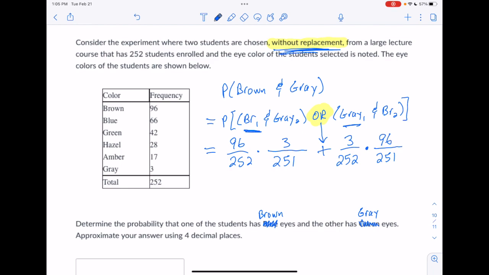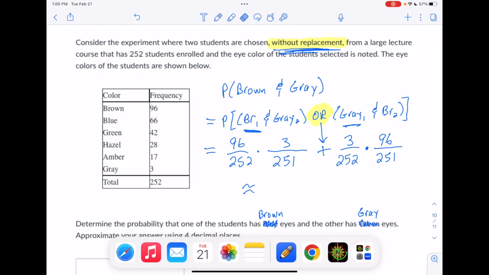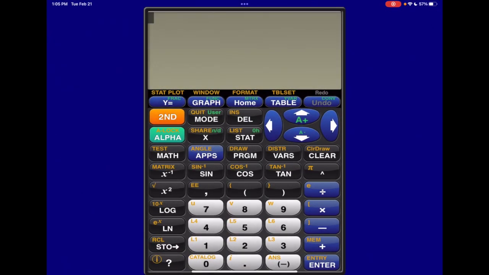So there it is, and now we just need to go to the calculator to come up with a decimal approximation. We can just enter it all at once. So we have 96 divided by 252, times 3 divided by 251.